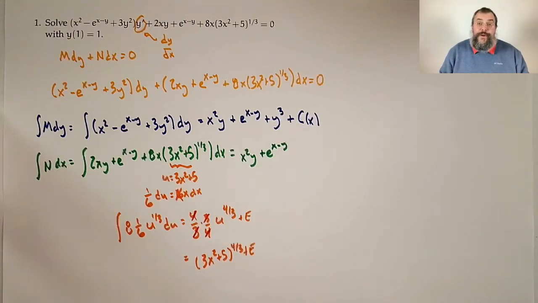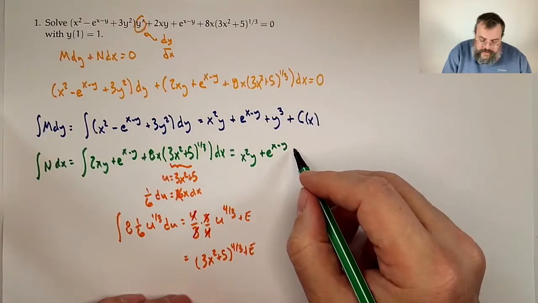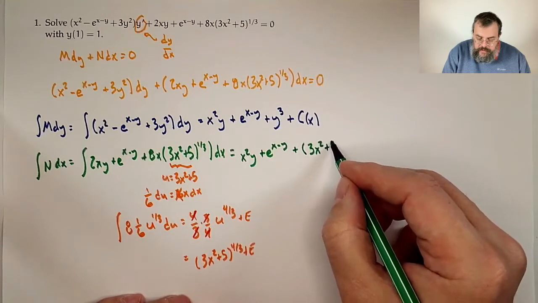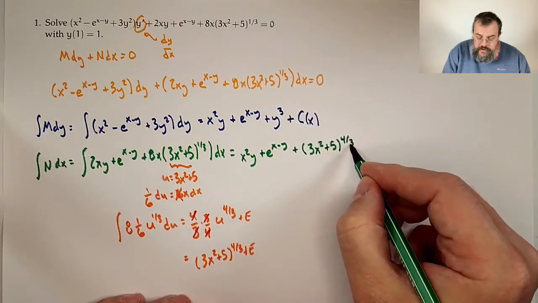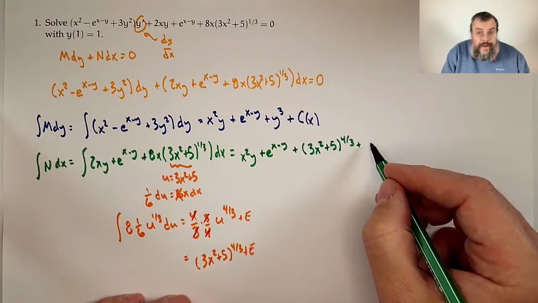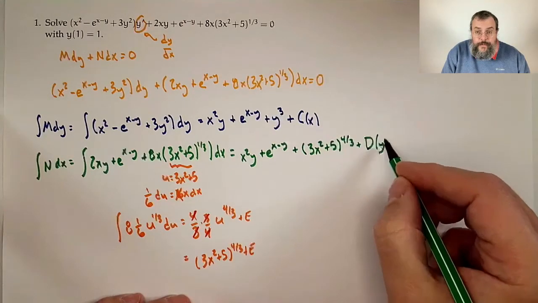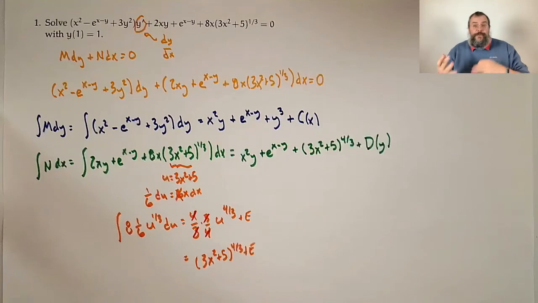Okay, so back to our regularly scheduled problem. And we have that the integral of the last piece is (3x squared plus 5) to the 4/3 plus, now what goes here, a function of y. Again, it's a constant with respect to the integral that we're doing. Now is our time.